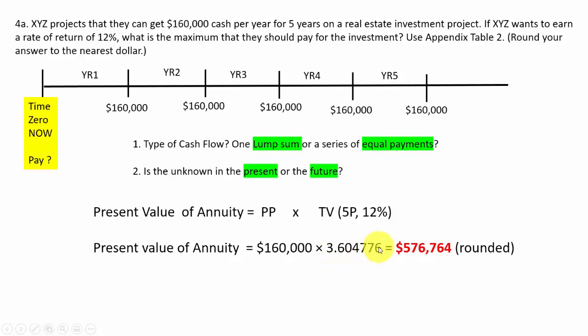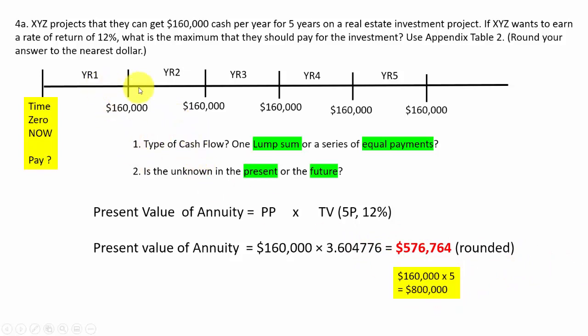That's a table value that is 3.604776, and rounded to the nearest dollar, that looks like that $160,000, each of those, all 5 of those payments are worth $576,764. Now, here's what's really to keep in mind also. So you're getting $160,000 a year for 5 years, and that is a total of $800,000.